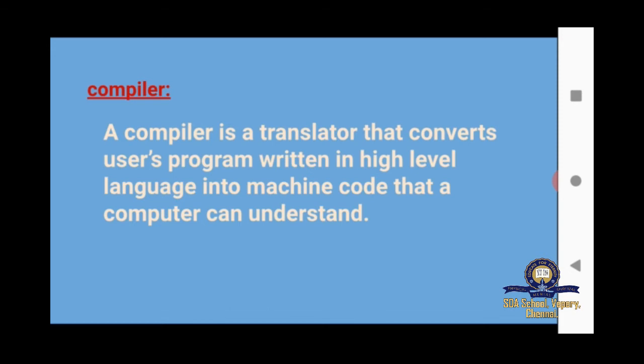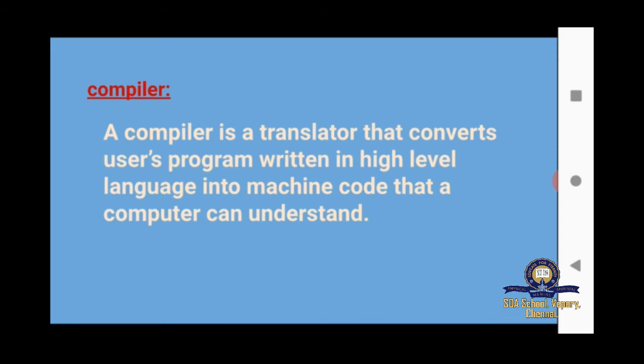That's why a compiler, a translator, is used that converts a user program written in high level language into machine code that a computer can understand. When we give a program to a computer, the compiler first converts the high level language into machine code.